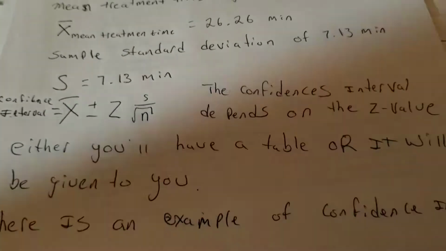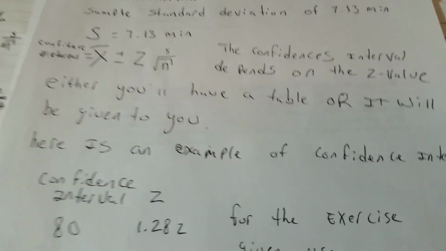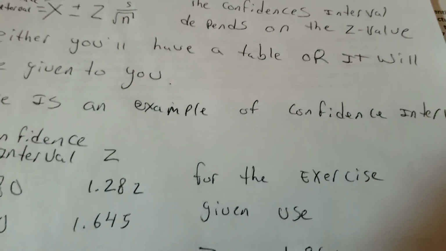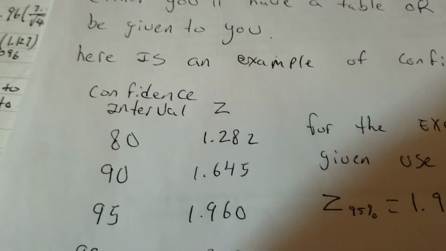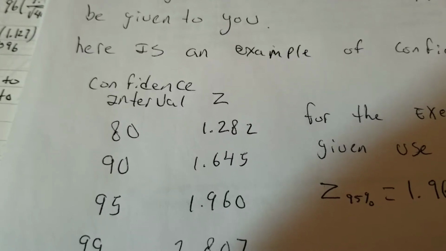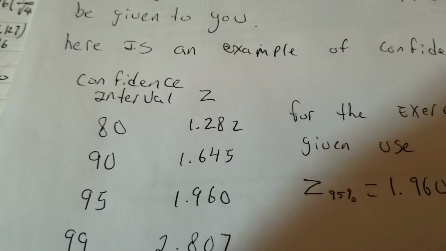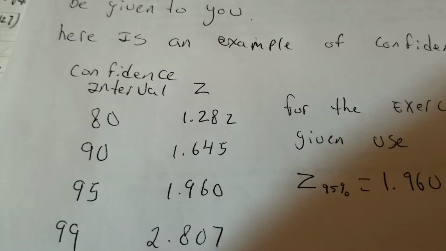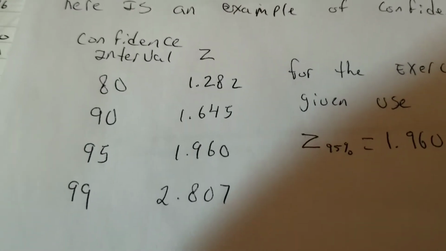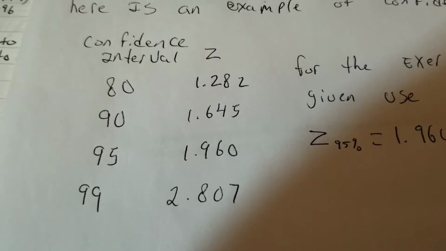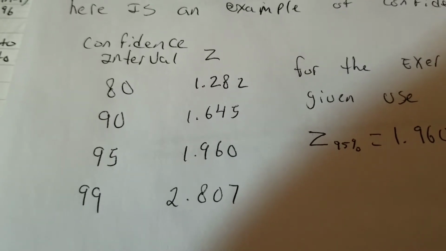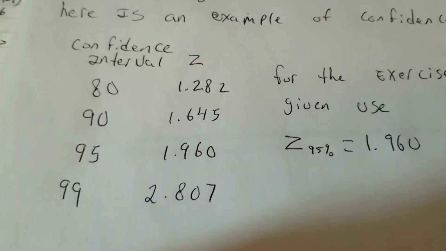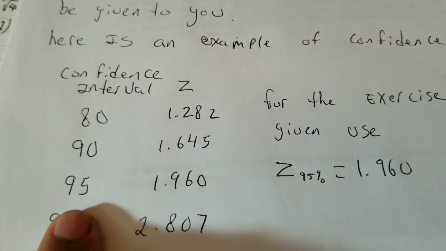So here is an example of confidence intervals. If we wanted an 80% confidence interval, we would use the z value of 1.282 and so forth. For this, you would need either a z table or it's going to be given to you. We're actually going to be working with 95.